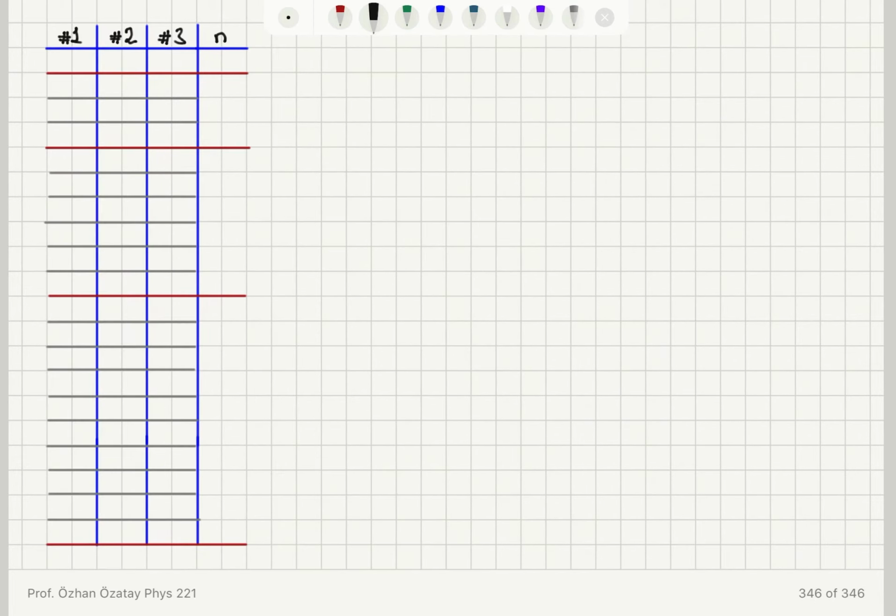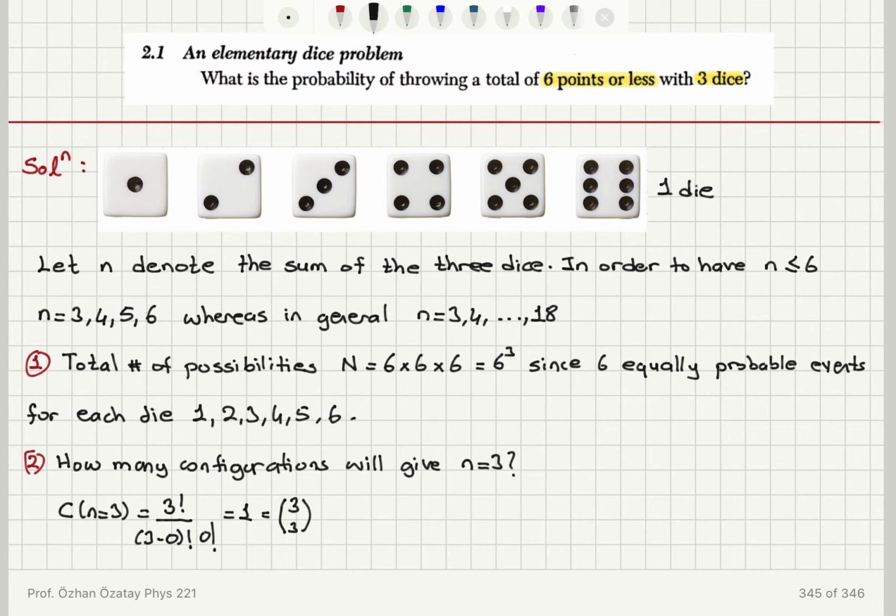So let's work on a table here. In order to have n equal to 3, I need to have the first die be 1, the second die be 1, and the third die giving me 1 as the output. So that's basically the combinations of 3 objects taken 3 at a time, which are all equal to 1.